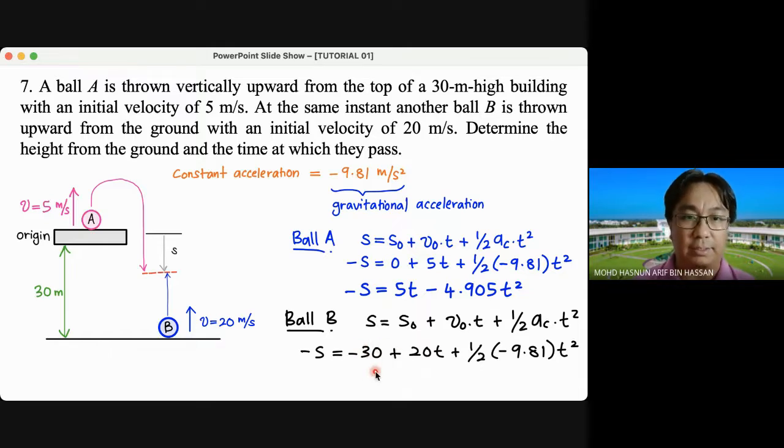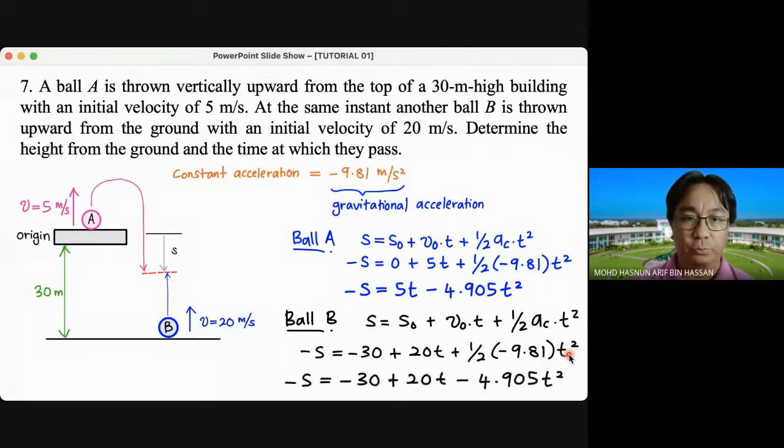So it should be minus 30 for S naught untuk ball B. Okay, V naught is the velocity at which ball B is thrown up. So velocity dia 20 meter per second. So you have 20T dekat sini. And then dekat belakang ni samalah, 1/2 minus a, a is the gravitational acceleration, minus 9.81 T square.